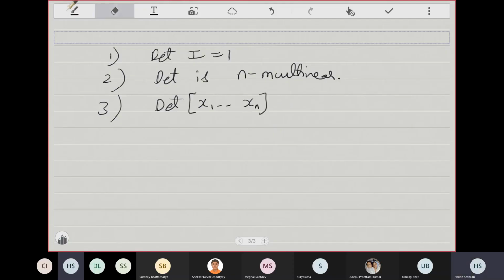So here xi is something, xj is something.